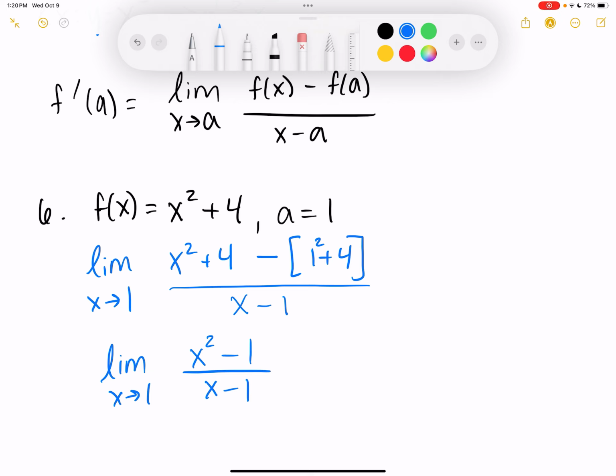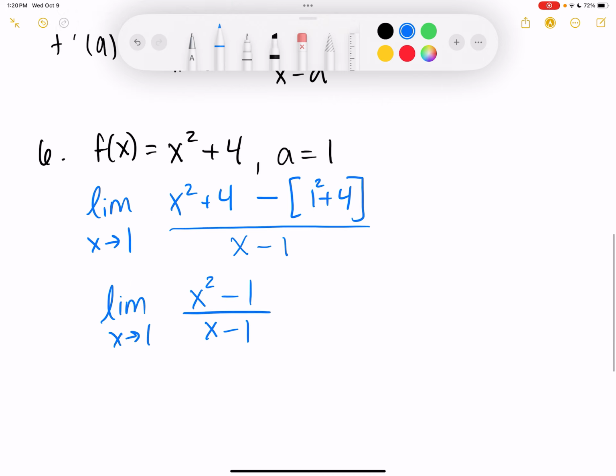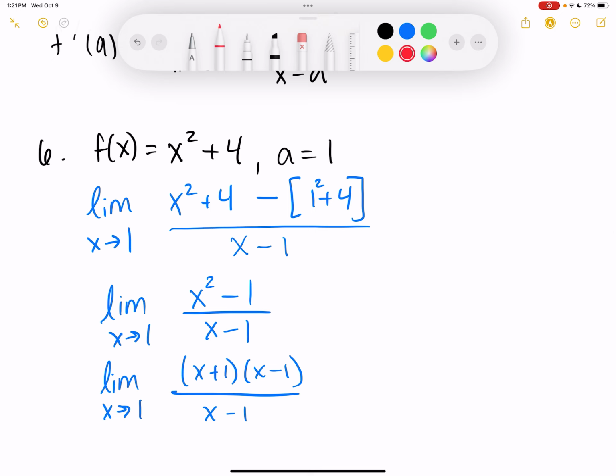What do we know about the top? It's a difference of squares, so this factors into x plus 1, x minus 1, and I have an x minus 1 on the bottom. So the x minus 1's cancel.